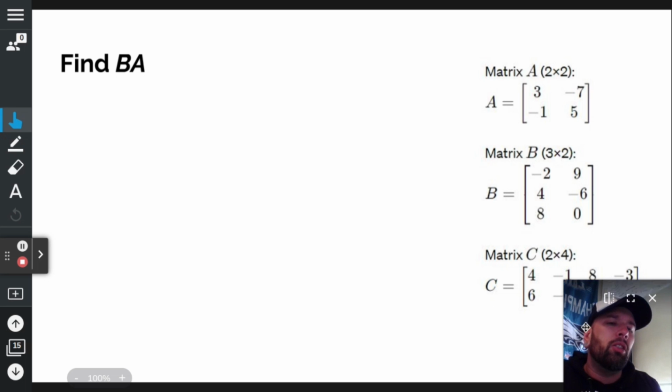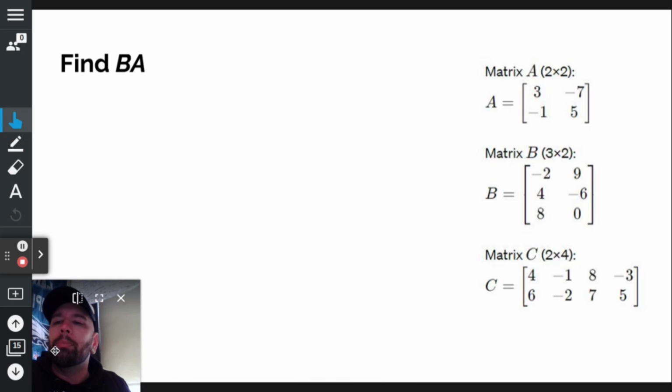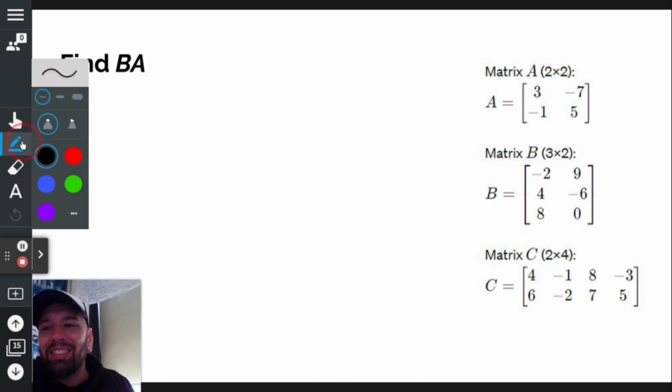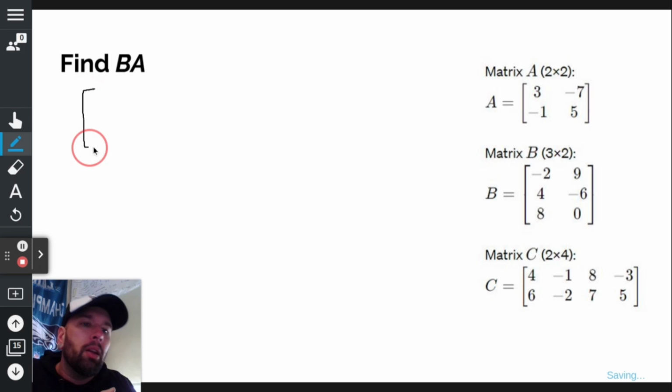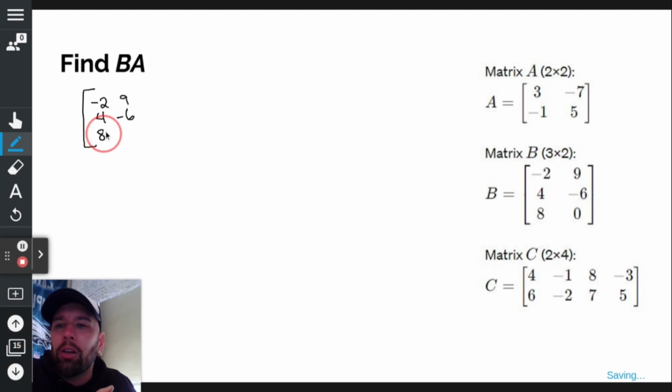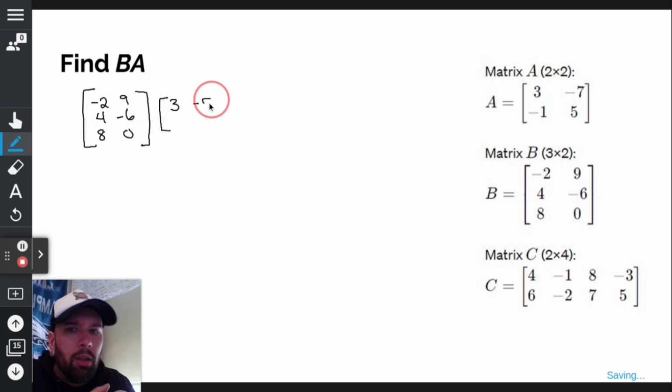I'm going to ask you to do, and by you, I mean I'm going to do it, B times A. So here's B, here's A. Let me write it out. -2, 9, 4, -6, 8, 0, times A, which is 3, -7, -1, 5.